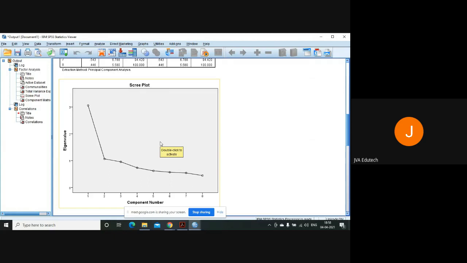Can you make any assumption by seeing this scree plot? Am I audible? Yes, sir. Okay.